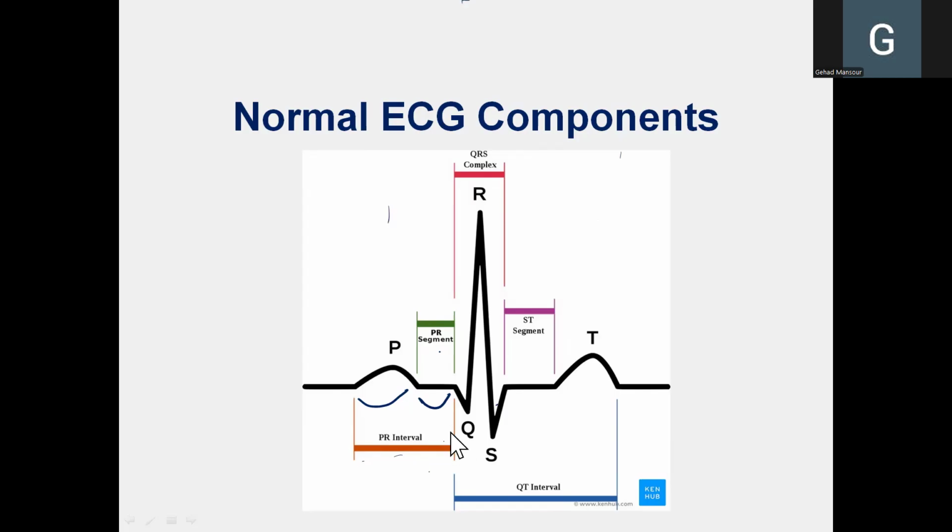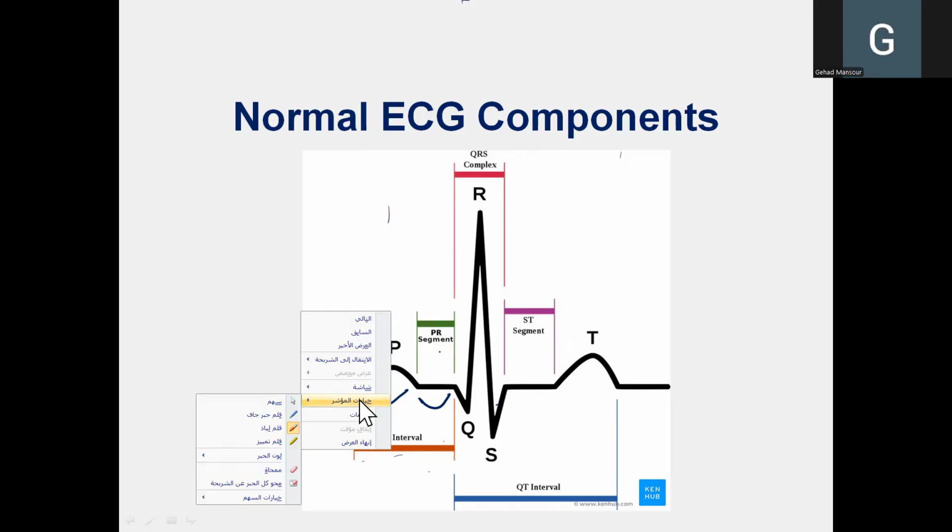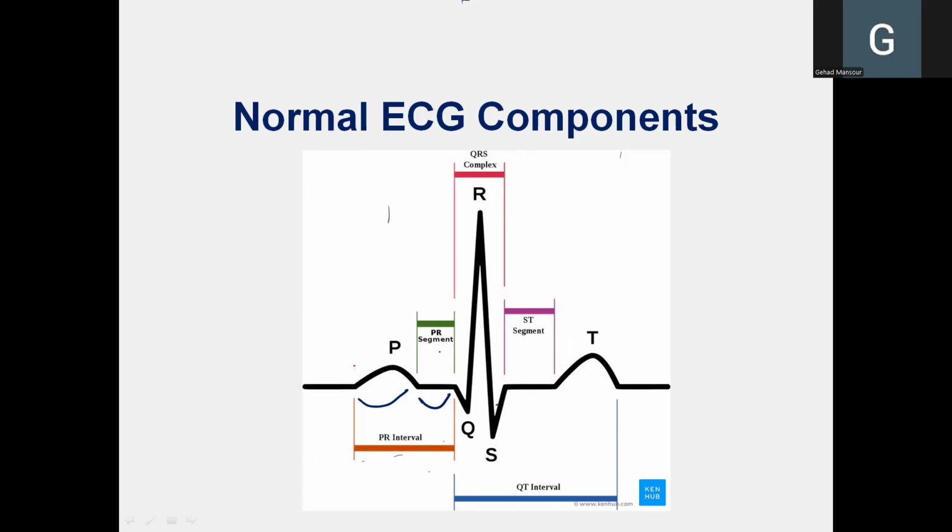So the PR interval represents what? Here, you have to know where it begins and where it ends. So here, for example, it begins at the beginning of the P wave and it ends at the beginning of the Q wave. So the whole PR interval represents spread of depolarization over the atria and spread of depolarization across the AV node until we reach the beginning of ventricular depolarization.